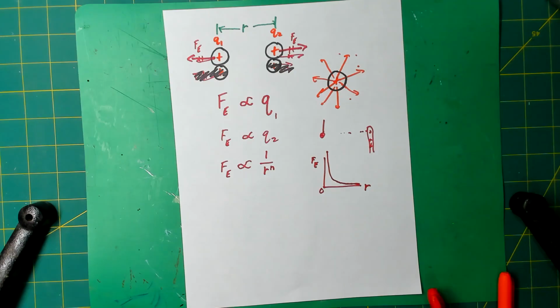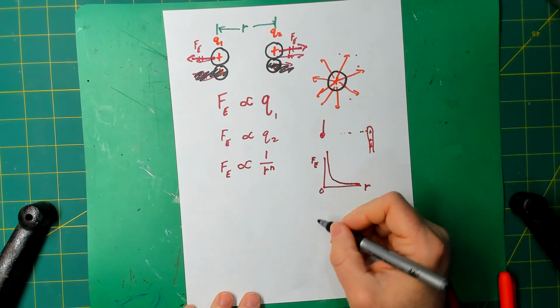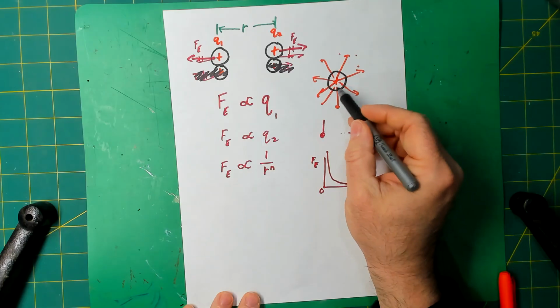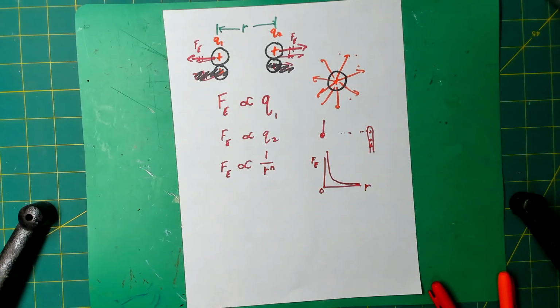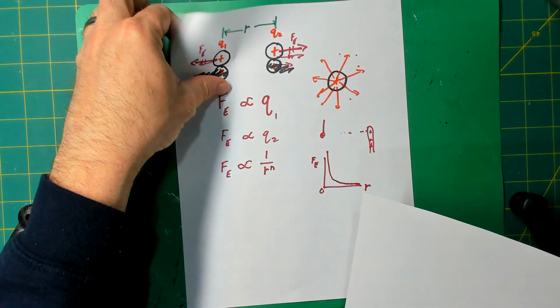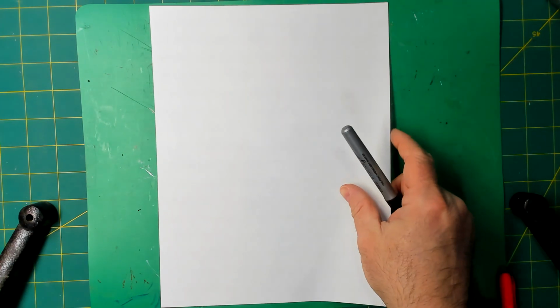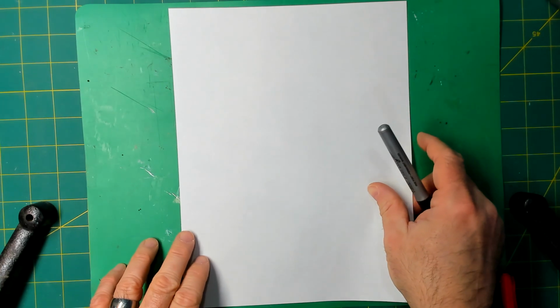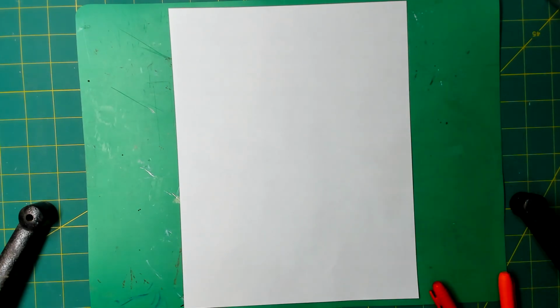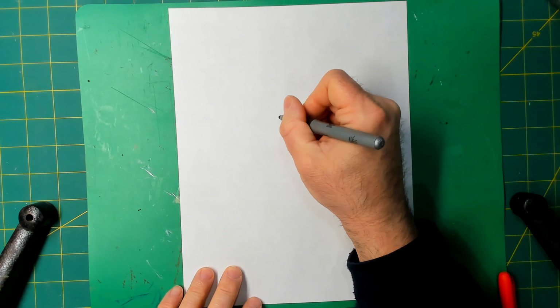But the real logic behind what the exponent is comes from thinking about a diagram like this. All right, so let me make this a little bigger. Imagine, if you would, that I'm going to do a picture. I'm going to make a special kind of diagram here.